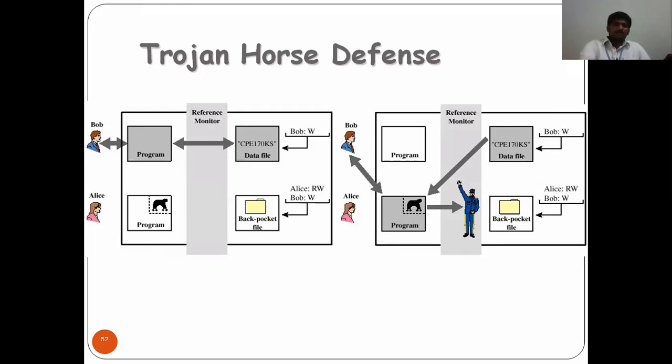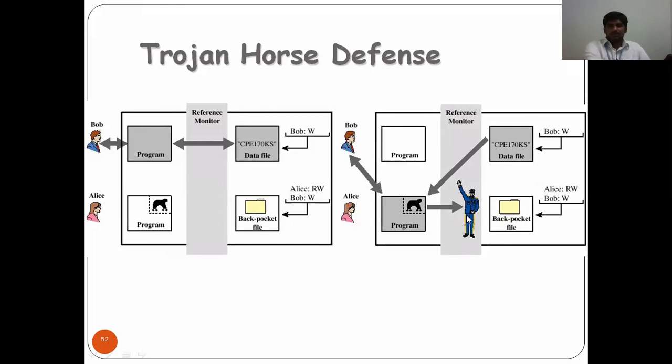Once we have the reference monitor, it acts like a policeman. It gets the data, and it is not going to let it go back. It is going to stop it.